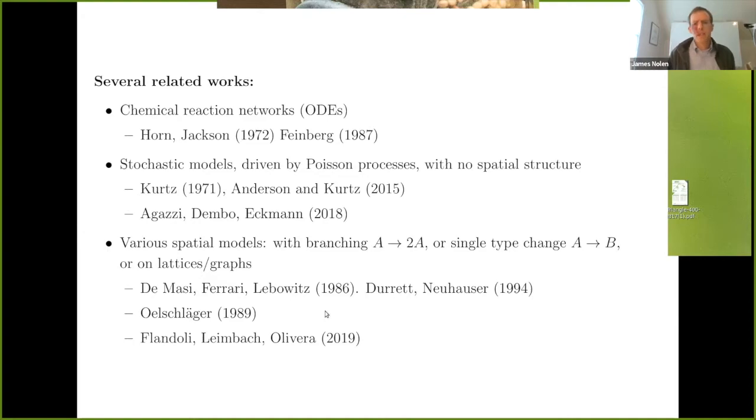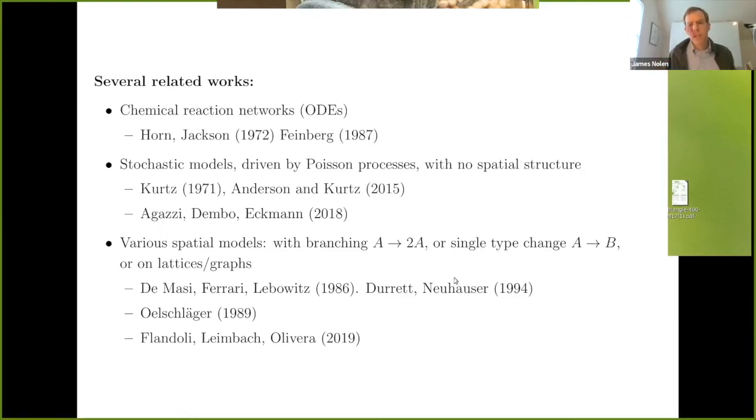The kind of reactions that he covered in his work was somewhat limited to branching processes such as A going to 2A, or a single type change, one species converting to another type, or possibly annihilation, multiple species combining and then annihilating.